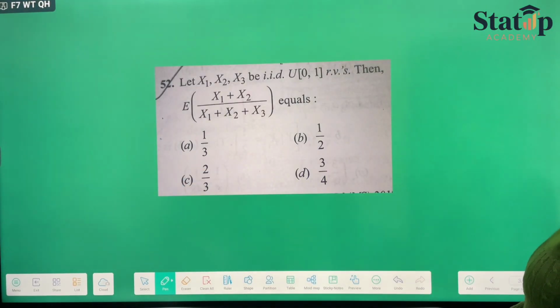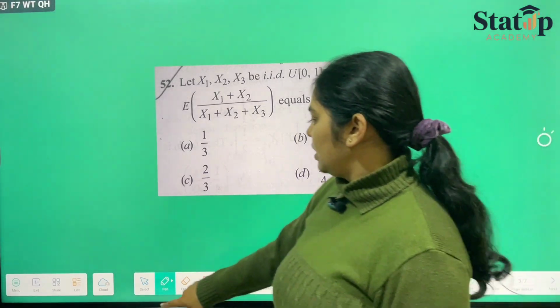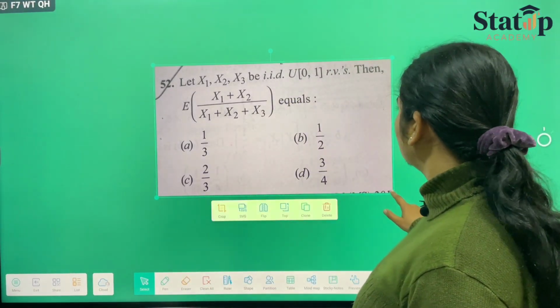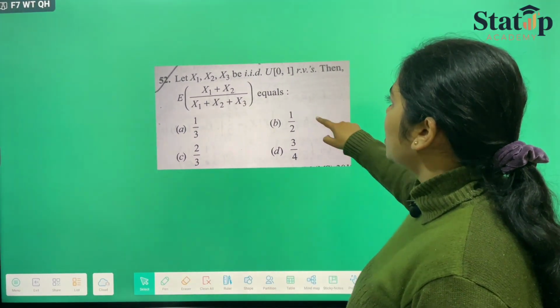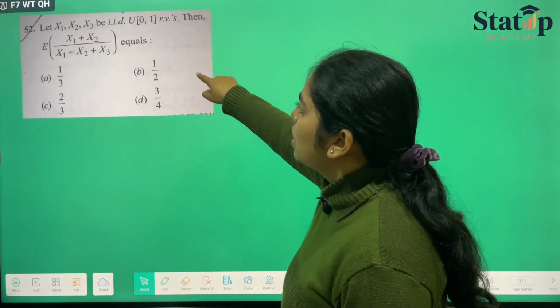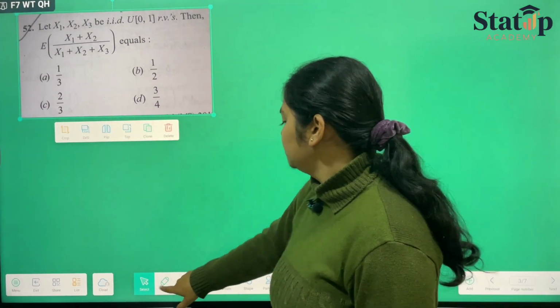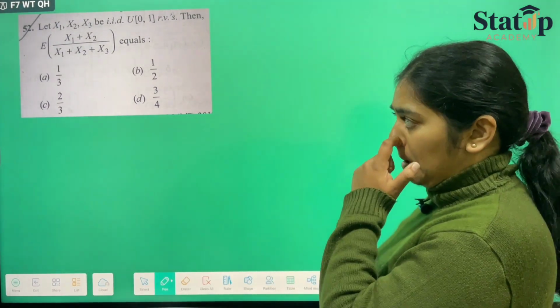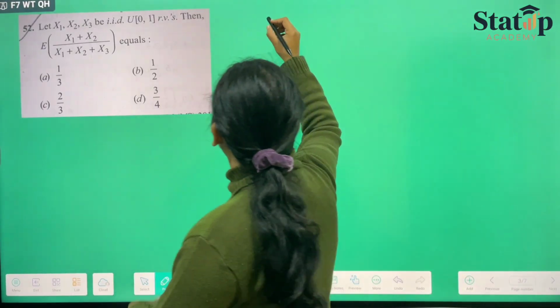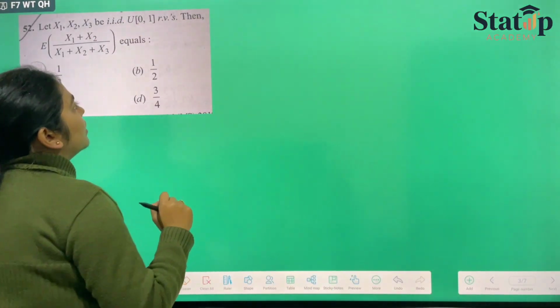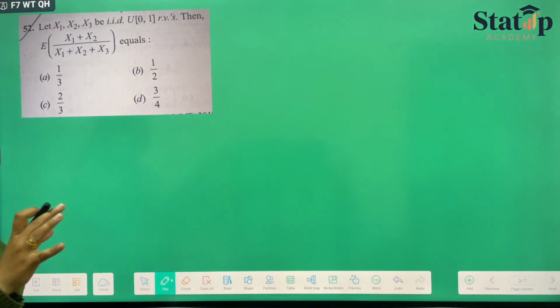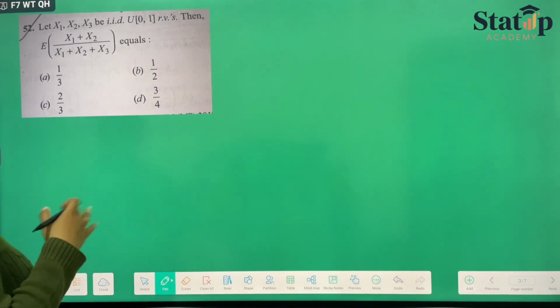Now moving forward to another question. They have given us a uniform distribution with limits 0 and 1. This is a difficult question which we haven't performed before.